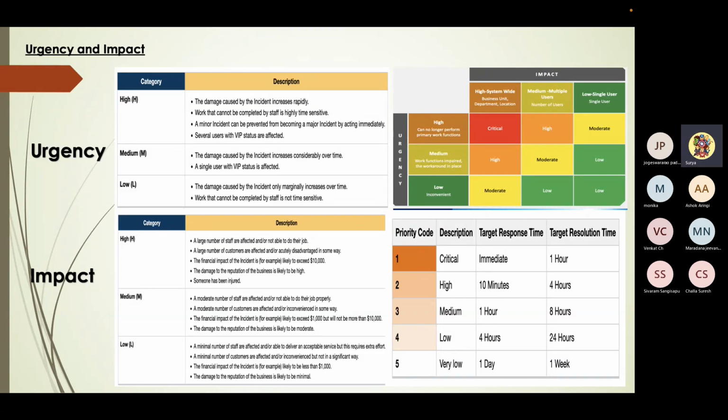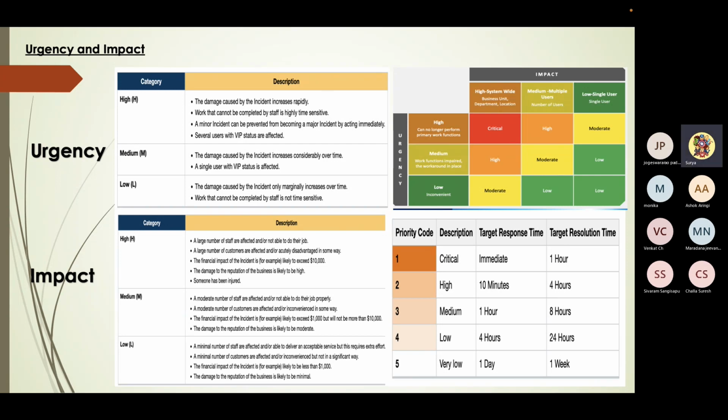Incident priority means the eligibility or the qualification of an incident, how critical this incident is. We can define the priority of an incident based upon the urgency to resolve the incident. Urgency means how urgent it is to restore the services and resolve the incident.